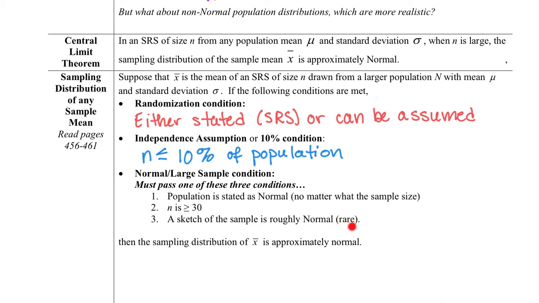This is rare that you have to do it, but I have seen it happen on an AP exam, and we'll go through an example where it does. Okay, then the sampling distribution of x bar is approximately normal. In the second half of this lesson, we're going to actually look at an example so you can see how it's all put together.